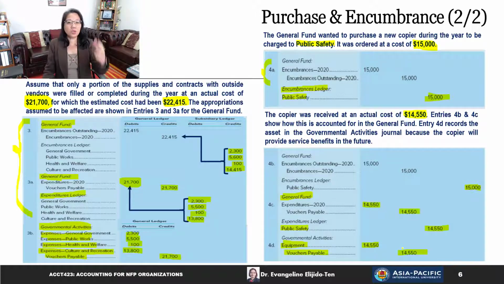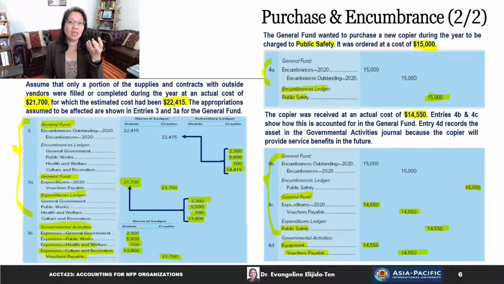All right. So you can see here, we are applying the dual track approach. We are tracking the effect of the transaction at the general fund level and also at the government-wide level. What you'll notice here is that at the fund level, we use modified accrual-based accounting.